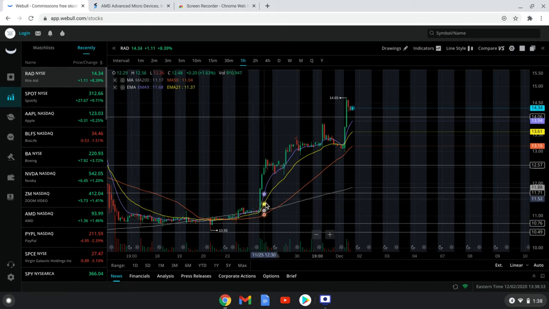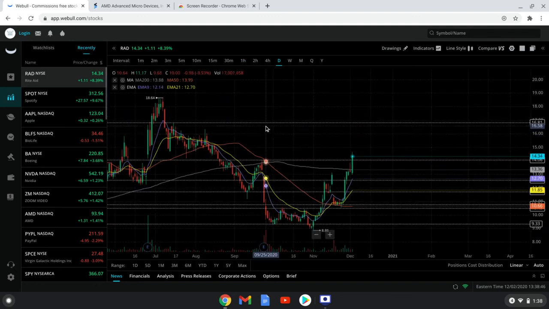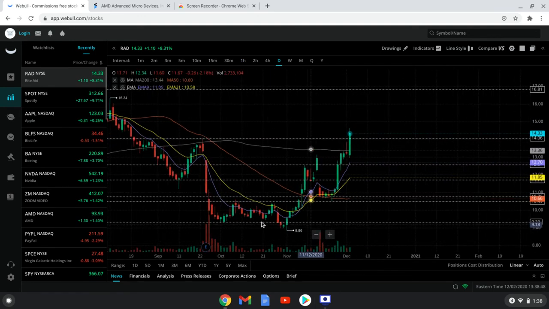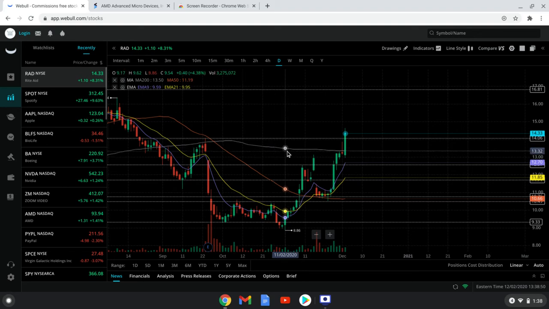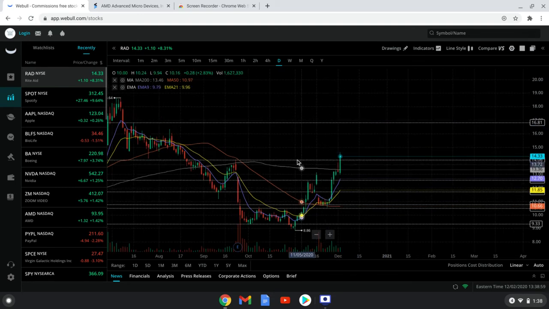Once both of my EMAs crossed this 200 SMA, it's going to explode, which is exactly what it did. If you go down to daily, as soon as it crosses that 200 SMA, that should be an indication to go long. So it might take a few days to hit 16, but it's probably going to happen.